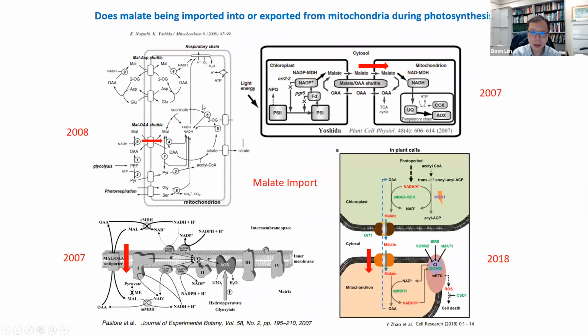These four papers also reported that there is malate import into the mitochondrion. And in this 2018 paper, surplus NADPH is exported as malate from the chloroplast and imported into mitochondria.